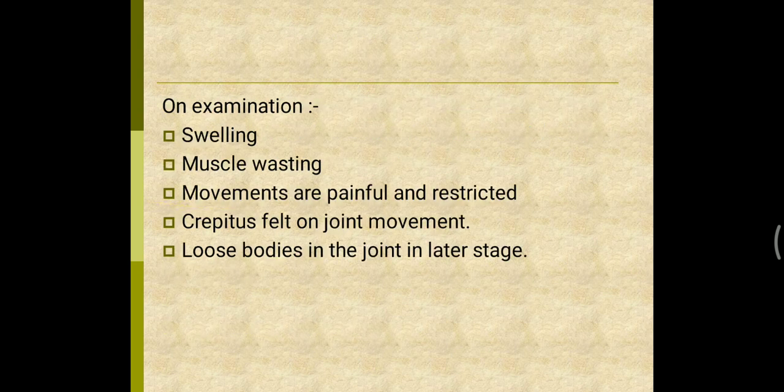So on examination, as we have to prepare a presentation or any type of assessment, there will be need of this. Okay, so on examination we will see the swelling, muscle wasting will be present, movements are painful and restricted, and crepitus felt on the joint movement. Crepitus will also be a clinical feature mainly, and loose body in the joint in later stages.